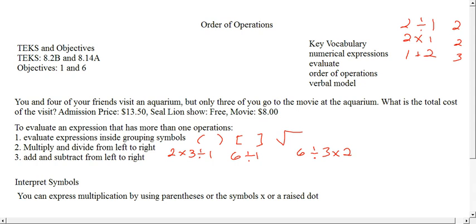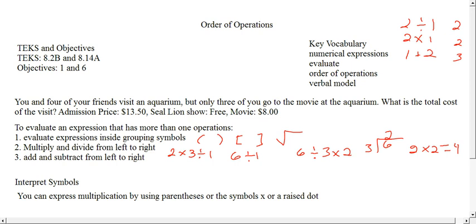But no, what you will do is divide 6 by 3, which is going to give you 2, and then you will take 2 times 2, which is going to give you 4. So that's what we mean. And then of course you will add and subtract from left to right. Again, we're working all our operations from left to right.